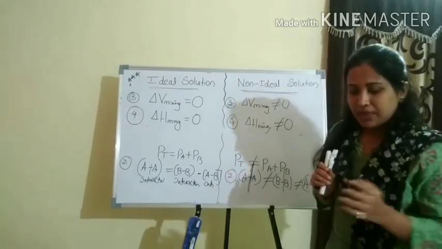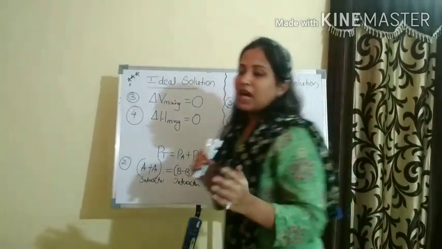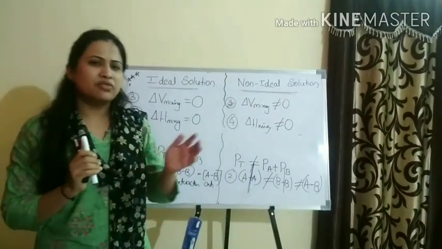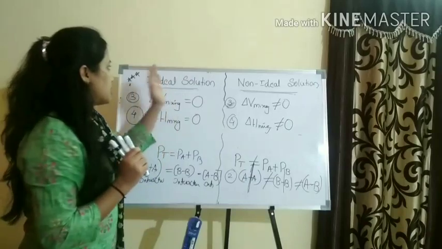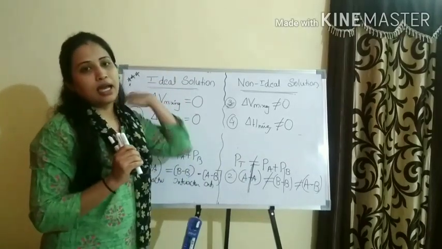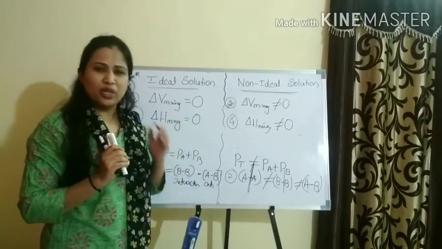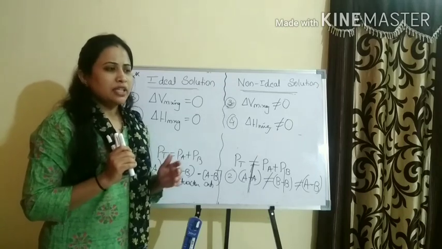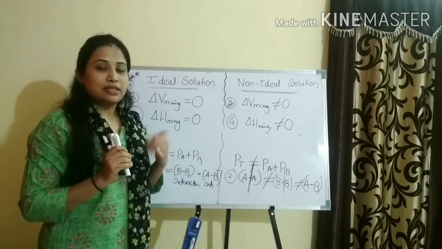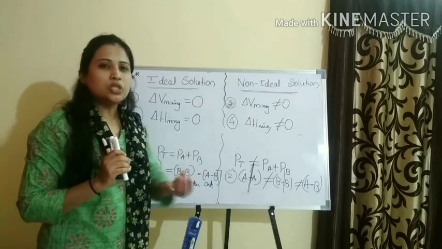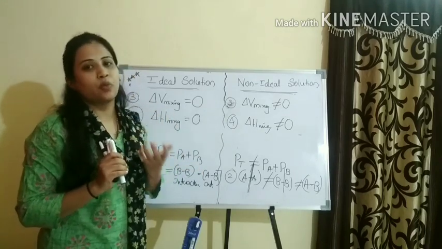If they have a similar molecular size, a similar interaction, and a similar structure, then they are going to obey Raoult's law and are considered an ideal solution. So in general, I could say there are very few solutions which exist as an ideal solution. Though there also exist some differences over there.